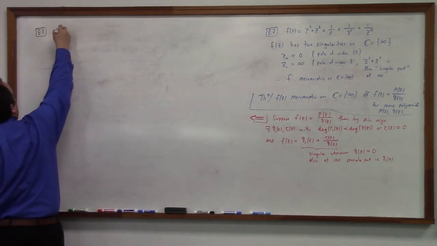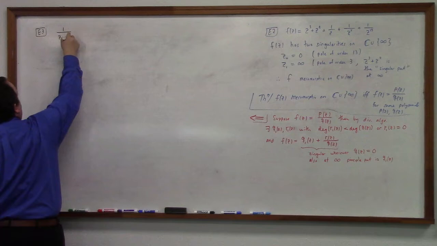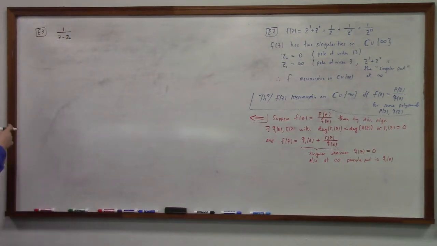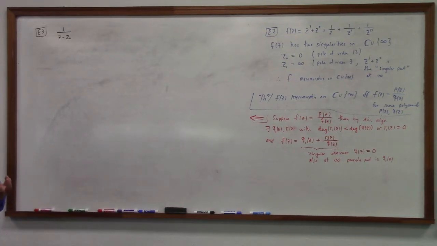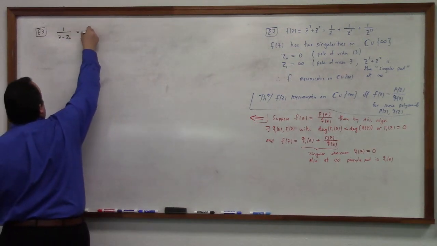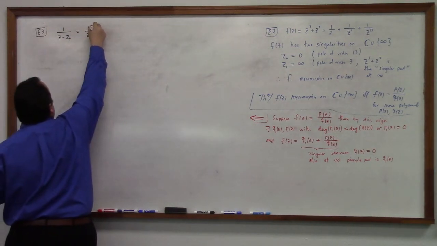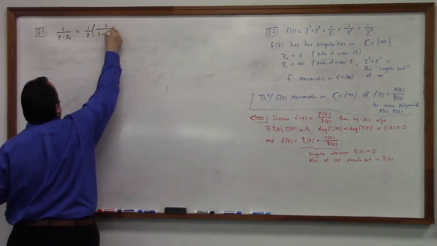What if I have 1 over, let's say, z minus z naught? I want to rewrite that in terms of reciprocal powers of z. How do I do it? Well, that's 1 over z times 1 over 1 minus z naught over z.